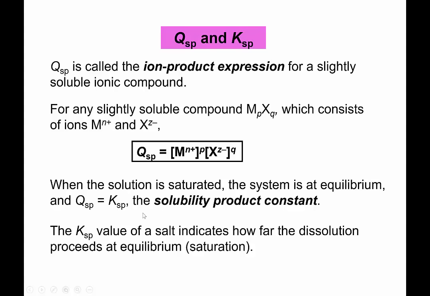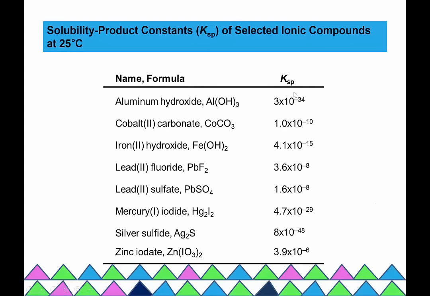The SP stands for solubility product. So KSP is our solubility product constant, but it's just our equilibrium constant specific for solubility. The higher our KSP value, the more soluble our salt. Here's a variety of KSP values.